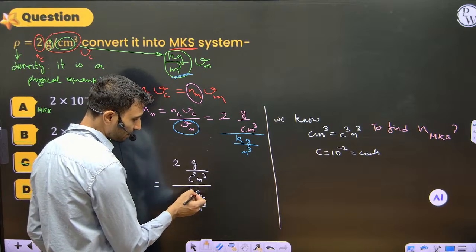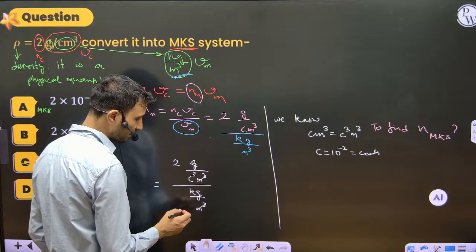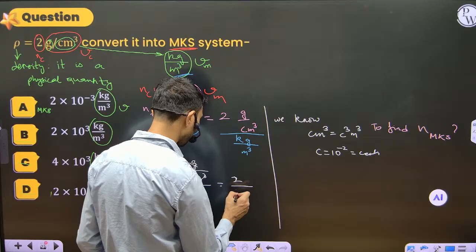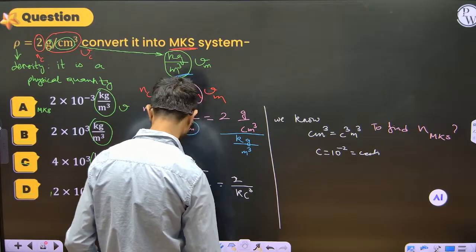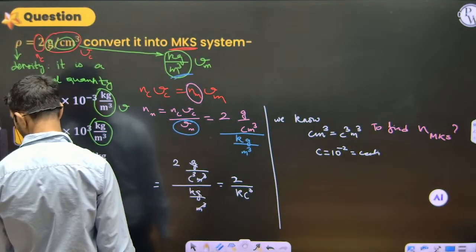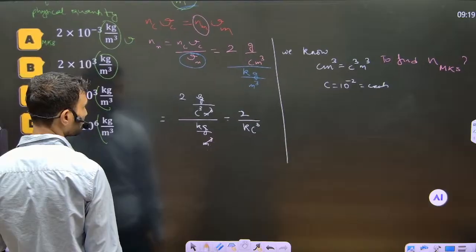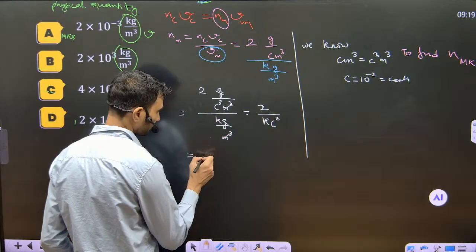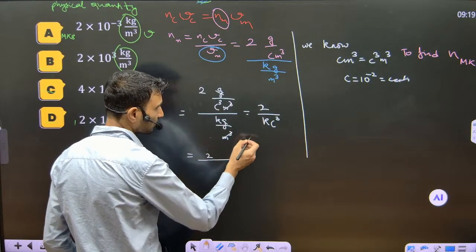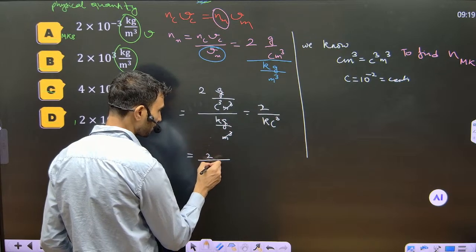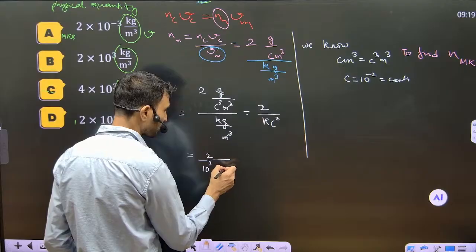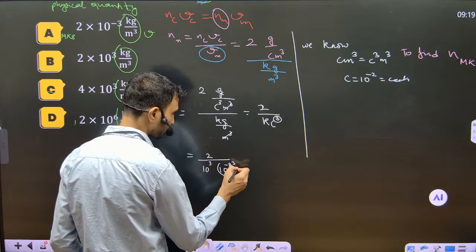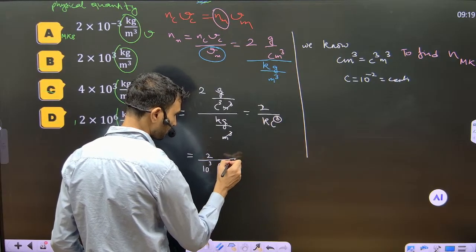Now gram and meter cube cancel, and you end up getting 2 divided by k into c cube. K is 10 to the power 3. Centi is 10 to the power minus 2, but you have a cube here, so whole cube.